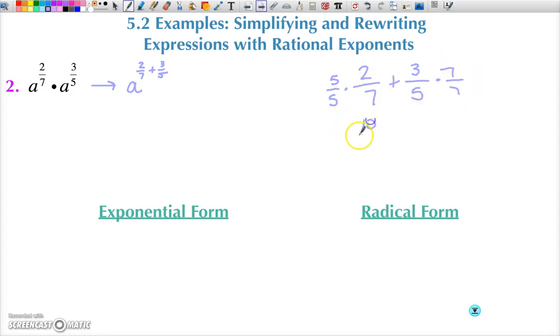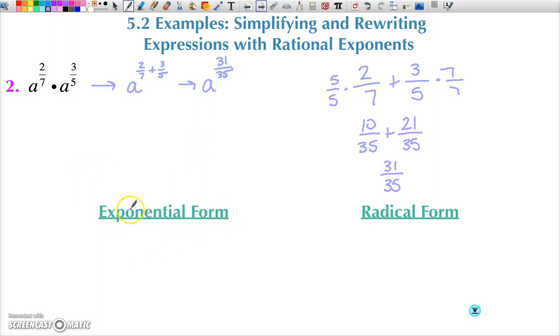So I'm changing the way that it looks, but I'm not changing the actual value of it. So we end up getting 10 over 35 plus 21 over 35, and now that our denominators match, we get 31 over 35. So that is what this becomes, a raised to the 31 over 35.